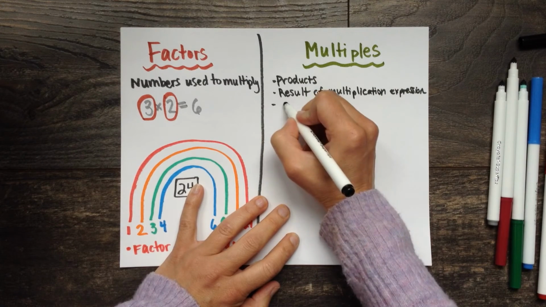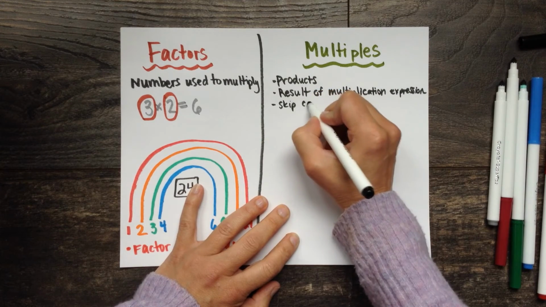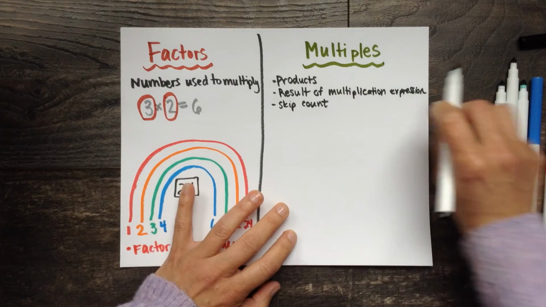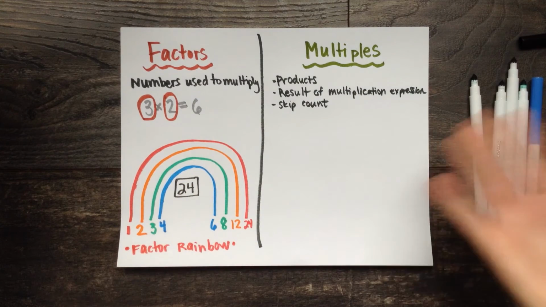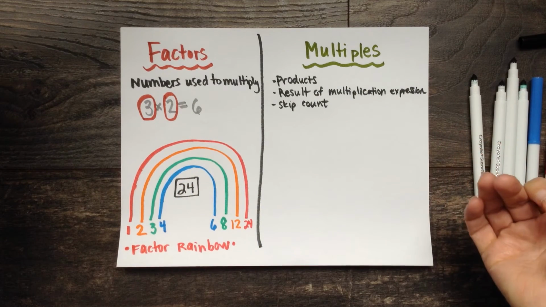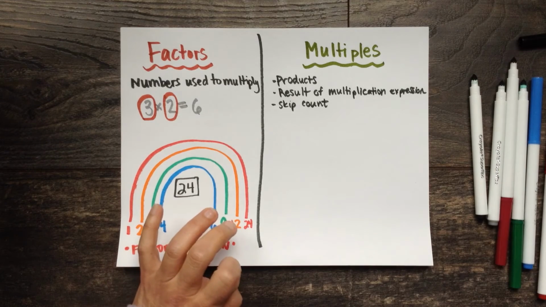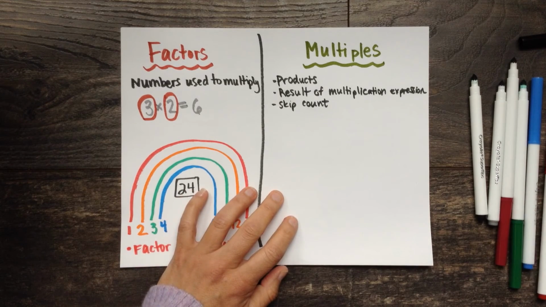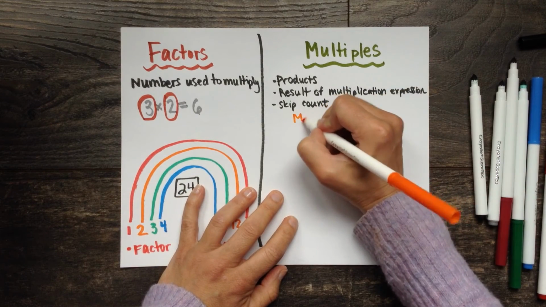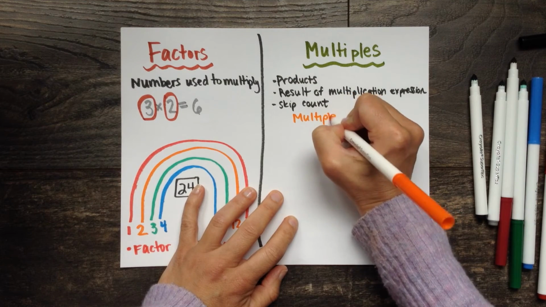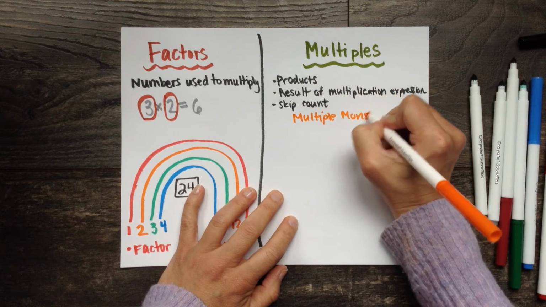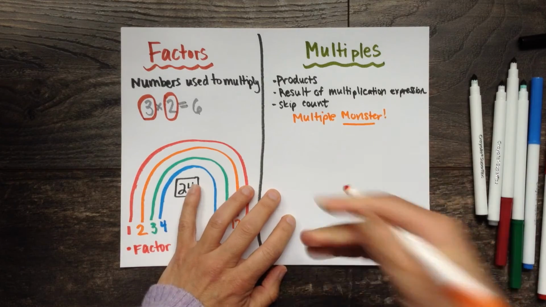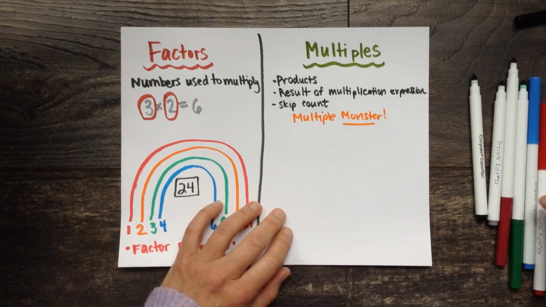Multiples are what we hear when we skip count. When we learned how to skip count way back when we were little, these are the multiples that we have. Another good way to remember this is a multiple monster. A multiple monster is something that's big. He likes to eat.